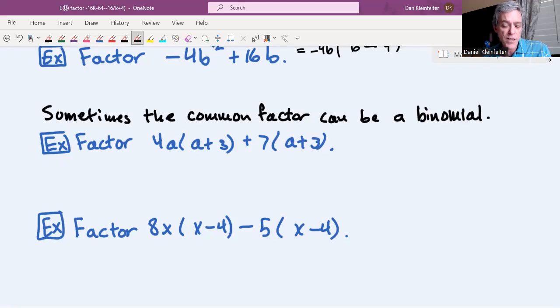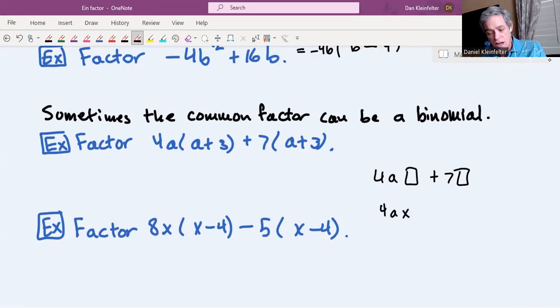Overall, this expression is a sum of two things. 4a times something plus 7 times something. That something is a plus 3. Instead of having just a variable as part of our common factor, let's say 4ax plus 7x, here I'm sure that you could see that x would be our common factor. We'd factor that out, leaving 4a plus 7.